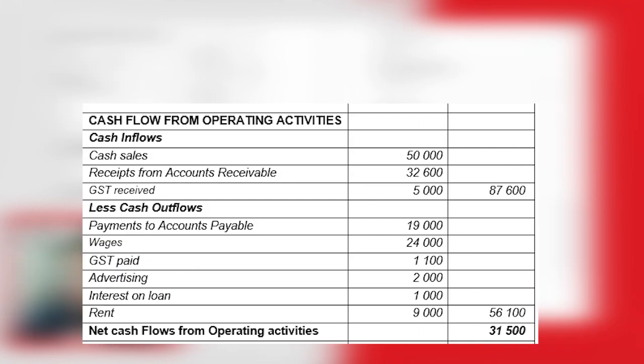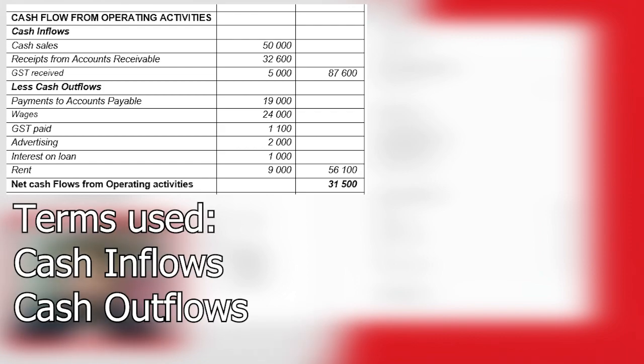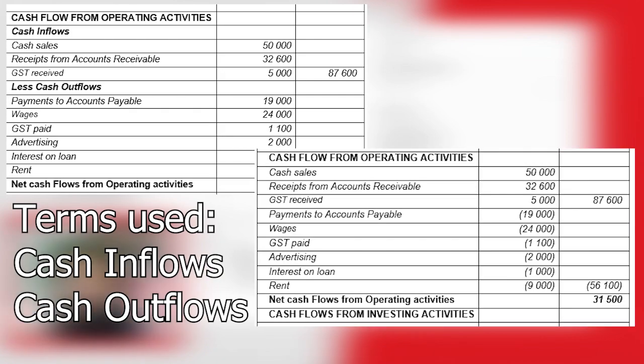Now let's zoom in a little bit and have a look at the operating activities. You see cash inflows and cash outflows. There are two ways these are done. The first way, on your left, is cash inflows, less cash outflows, giving you a net amount. The second way, on your right, is the brackets.